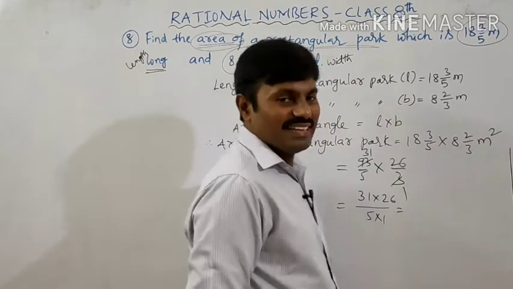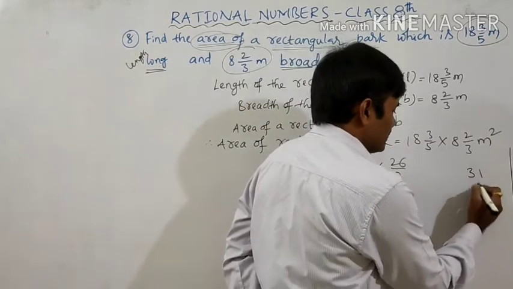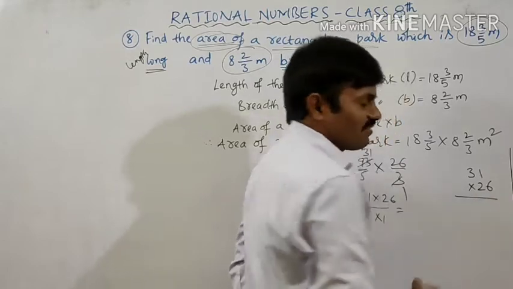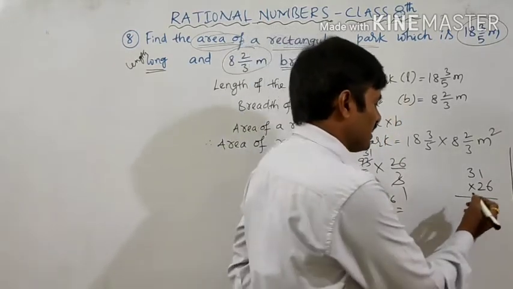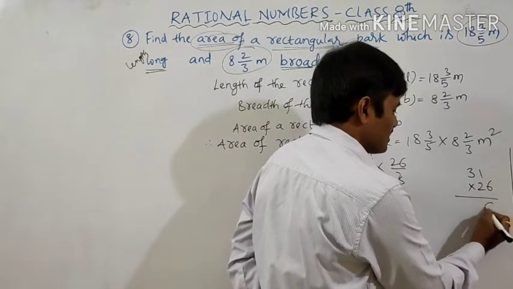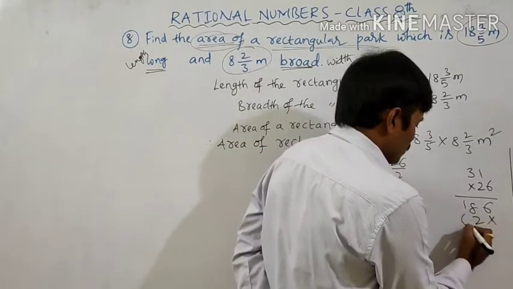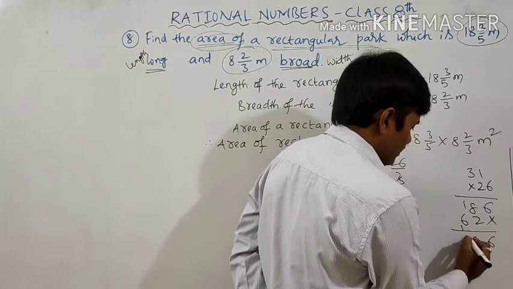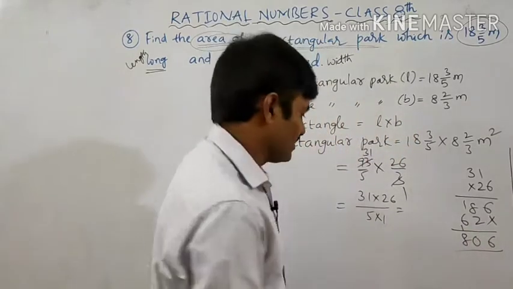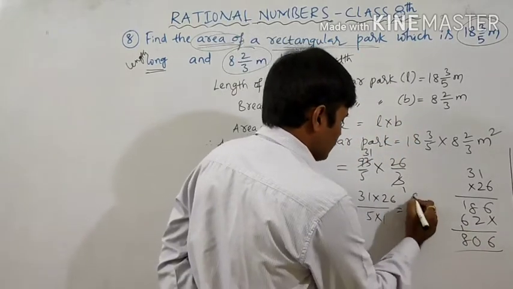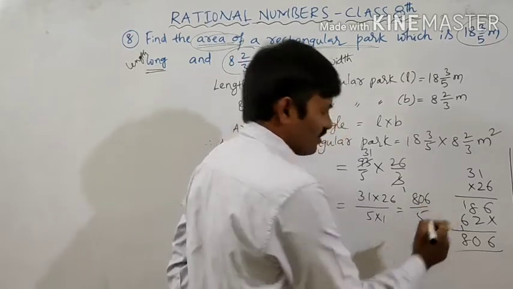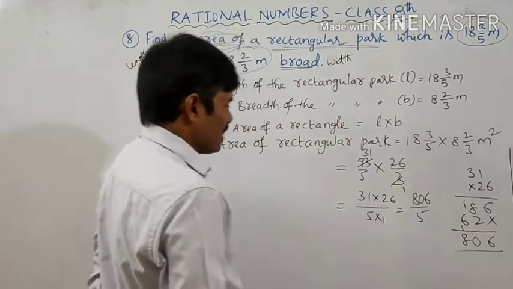So that is equal to 31 into 26. How much is it? If you multiply 31 by 26, we get 6 ones are 6, 6 threes are 18, 2 ones are 2, 2 threes are 6, that is 806. Now 806 by 5. How many times is it possible?